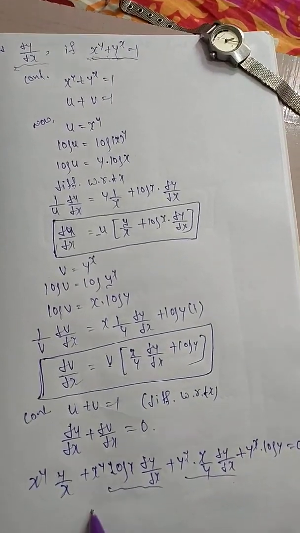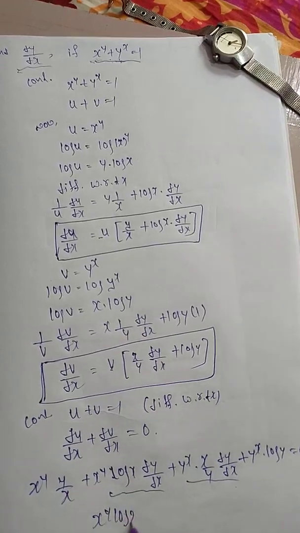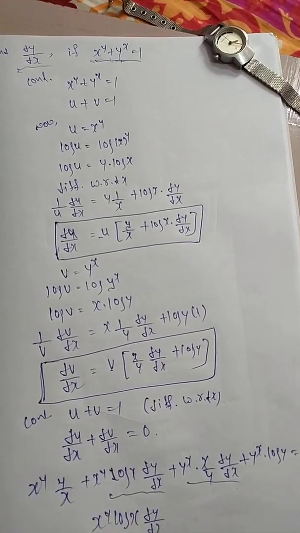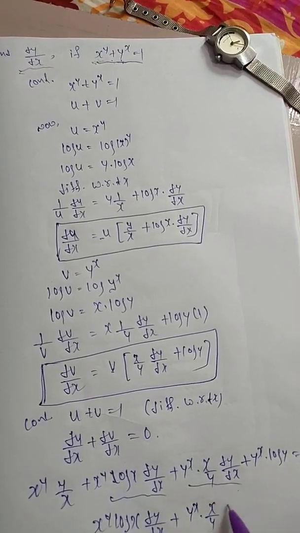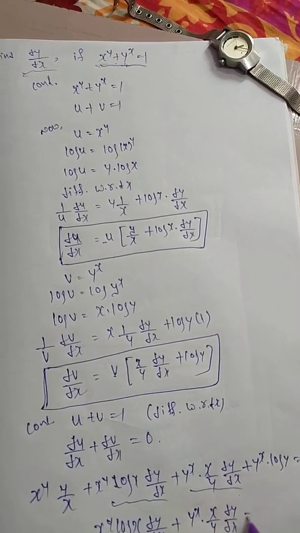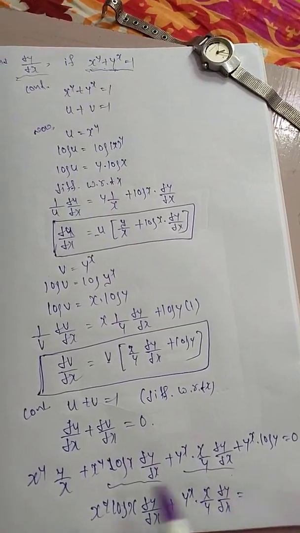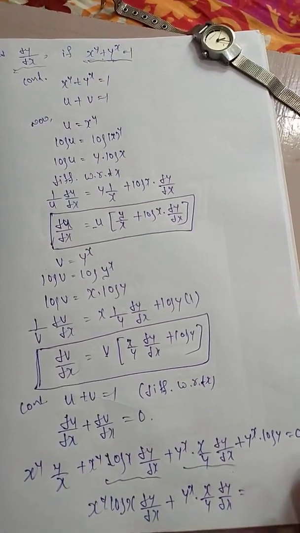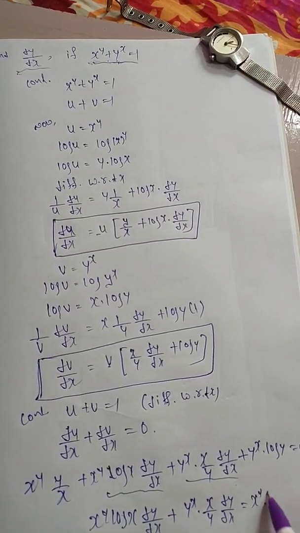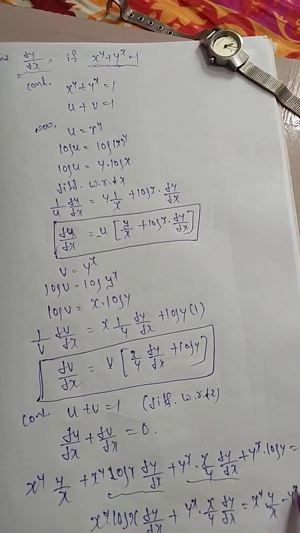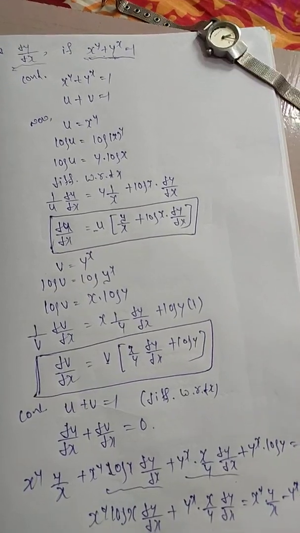So here x to the power of y into log x into dy by dx plus y to the power of x into x by y into dy by dx is equal to, if these terms come to the right side, it will be like this: x to the power of y into y by x minus y to the power of x into log y.